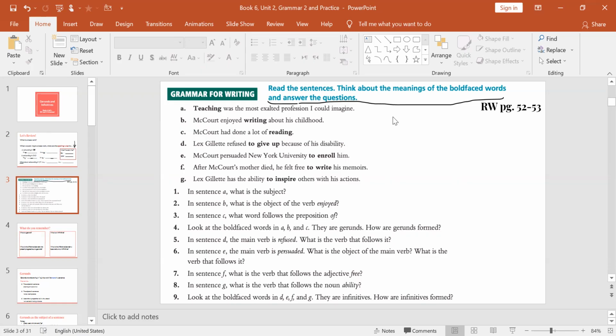The instructions read as follows: Read the sentences, think about the meanings of the bold-faced words, and answer the questions.